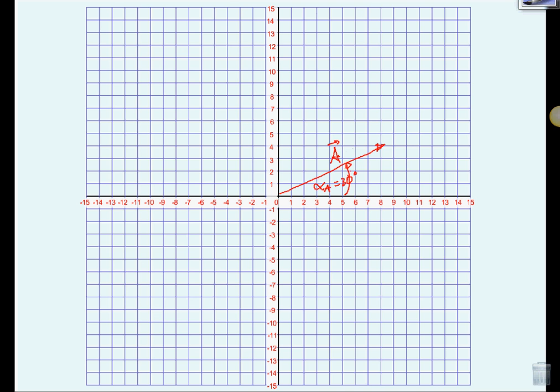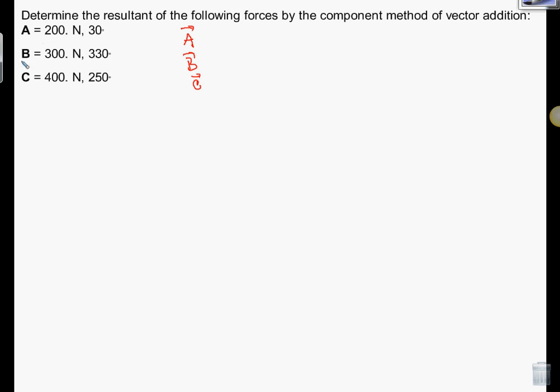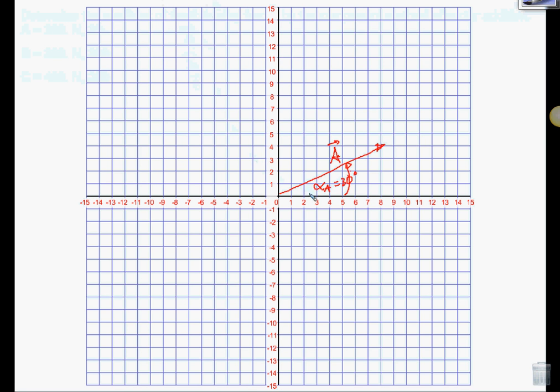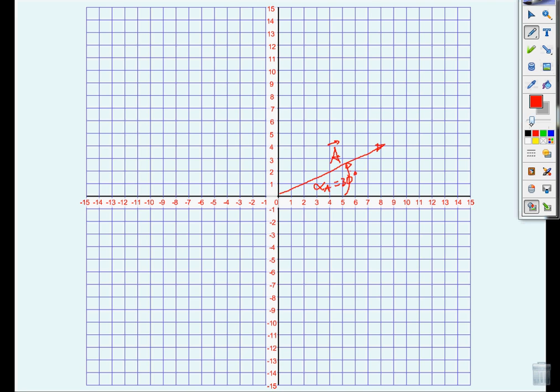And I'm going to go back, and the other vector is B, 300 newtons at 330 degrees. So this is 90, 180, 270, and 330 is going to be somewhat like 30 degrees before getting to 360. Sorry about that, let me fix that. I'm going to use the arrows, I think that's going to be a lot better.